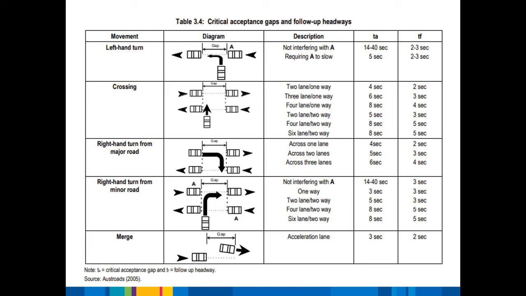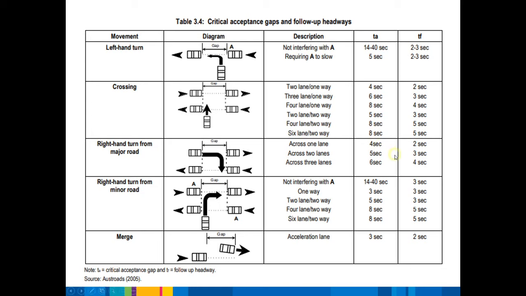We've got another question for you. In question 3, what is the difference between the critical acceptance gap time and the follow-up gap time? That was defined on the last slide. And question 4, what is the critical acceptance gap time to cross a 2-lane/2-way traffic stream?